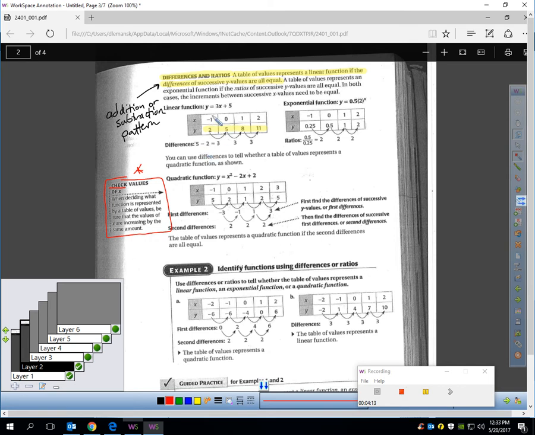So you notice here, x is going up 1 each time, so we have a constant increase for x, and y is going up 3 every time. So since there's an addition or subtraction pattern for y in this case, it's definitely linear. Now let's review how we write the equation. Here's the slope. We're going up 3. You can see that here.